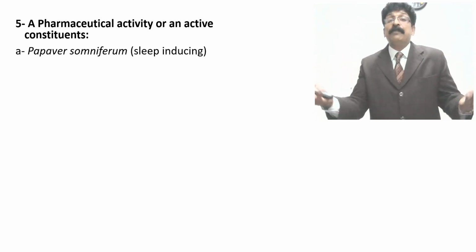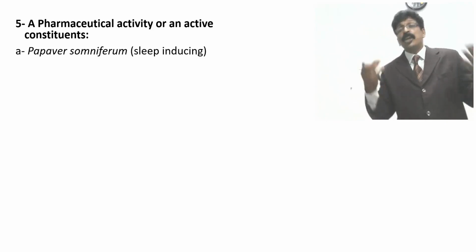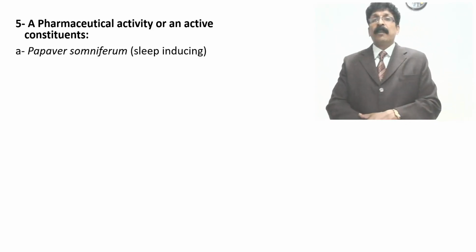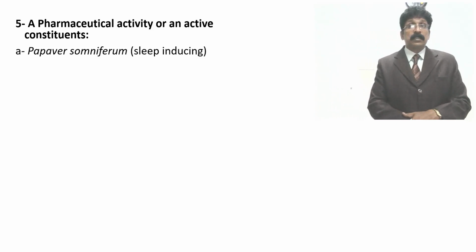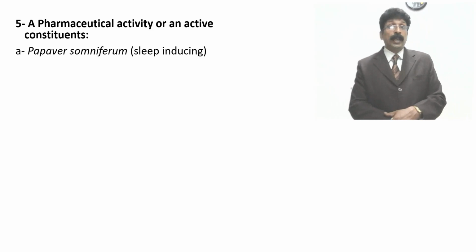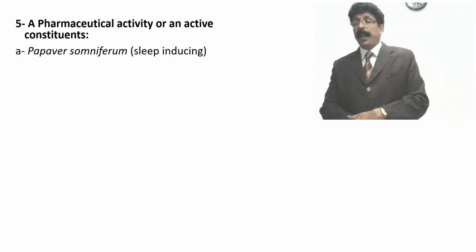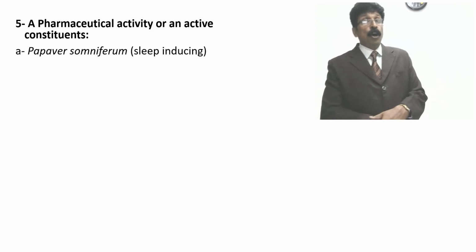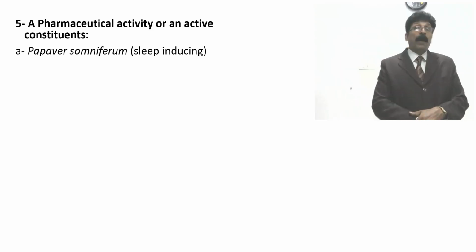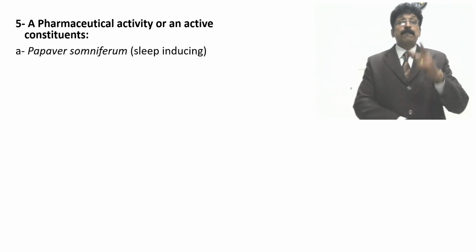It is one of the main drugs, used for centuries for various ailments because it contains very important isoquinoline alkaloid derivatives like morphine, codeine, and papaverine. These are all present in Papaver somniferum.